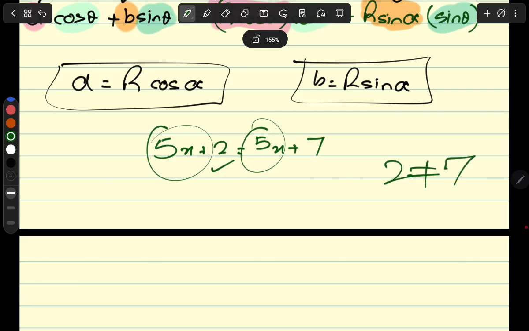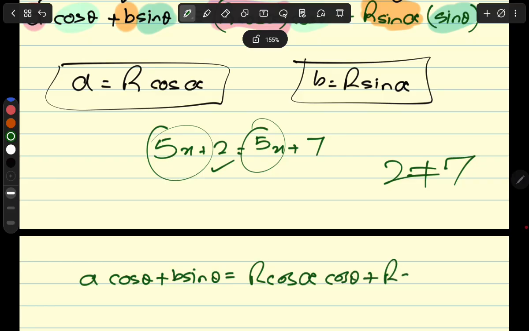Likewise, if a cos theta plus b sin theta was equivalent to r cos alpha cos theta plus r sin alpha sin theta, which I'm just copying from above, for every angle theta, then the cosine parts must match.